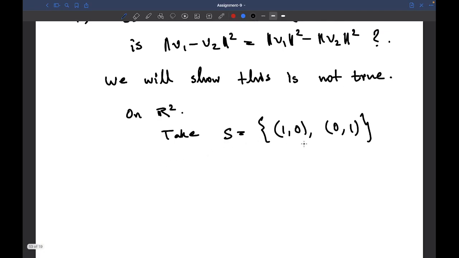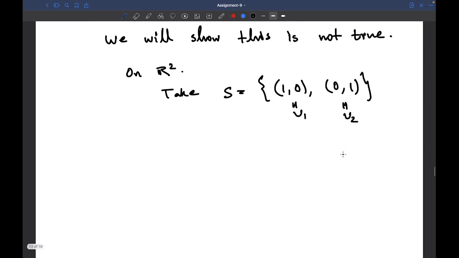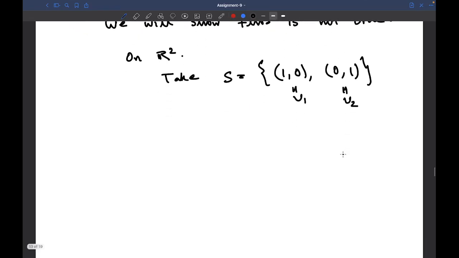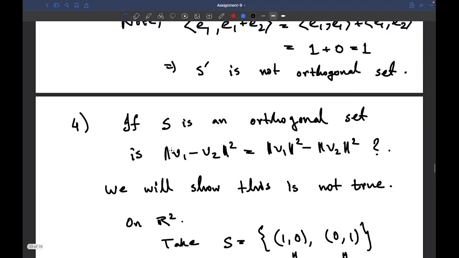Then take this to be V1 and take this to be V2. Then what will be the norm of V1 minus V2? V1 minus V2 is (1, -1), right? Then what will be the norm of V1 minus V2 square?